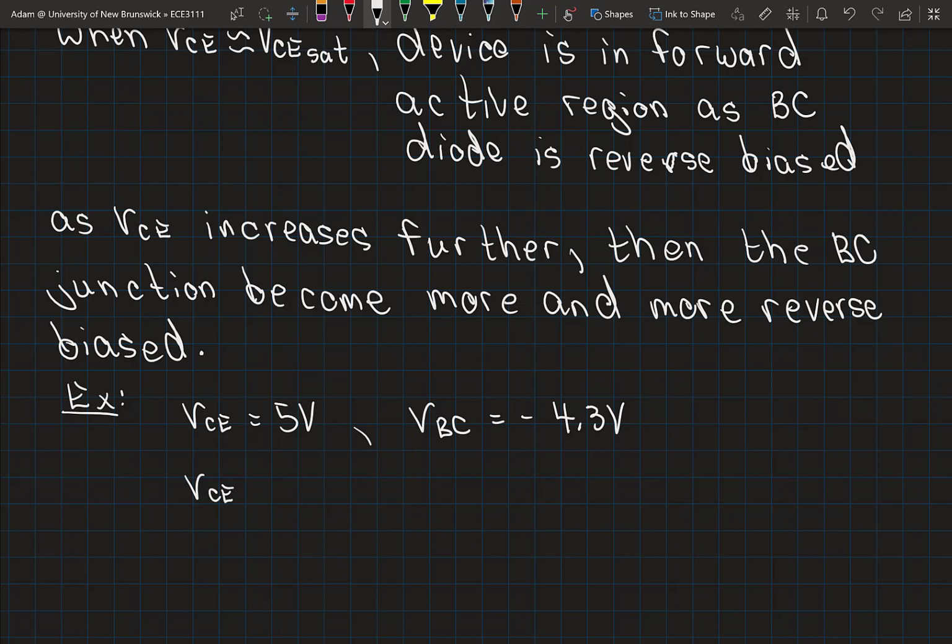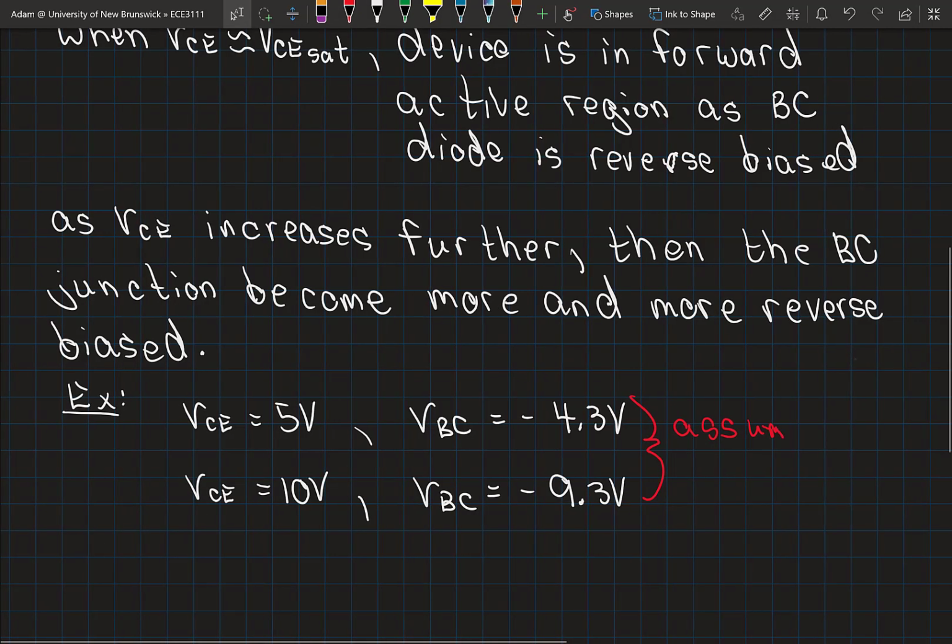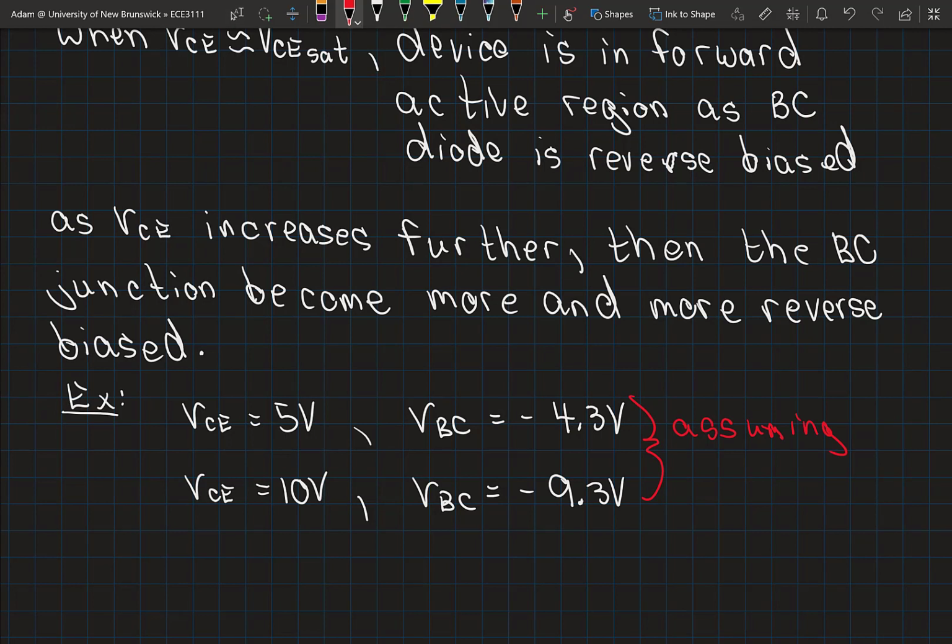And if VCE increases to 10 volts, then the base to collector junction is even further reverse biased, and now at minus 9.3 volts. And again, this is all assuming that VBE is equal to 0.7 volts.